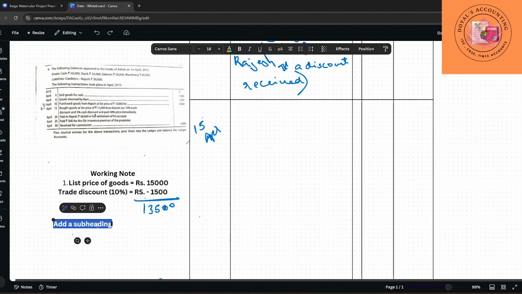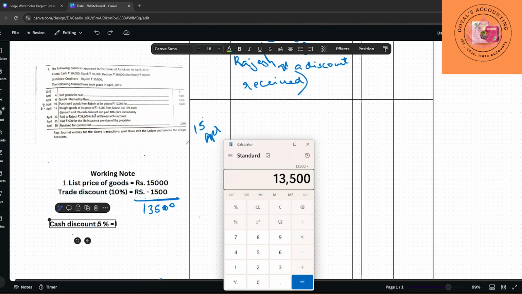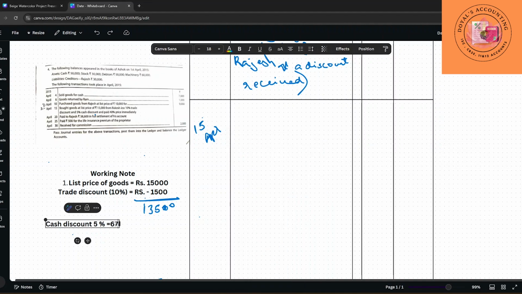Now, to this, we are given a further cash discount of 5%. How much will that be? 13,500 into 5% is 675 rupees. Amount owed will now be 13,500 minus 675, which will be equal to 12,825.